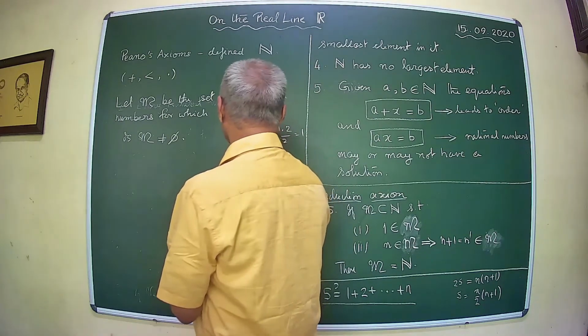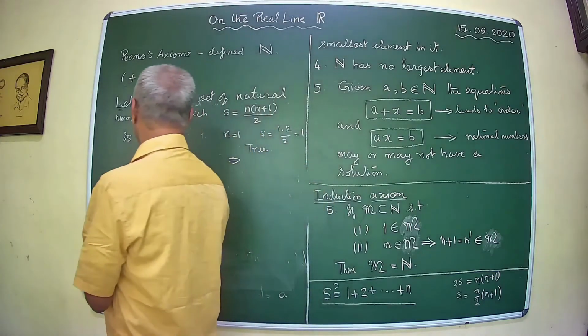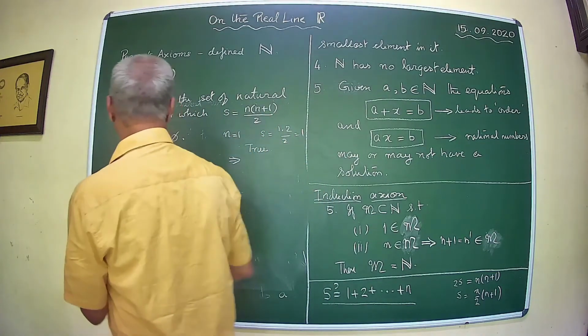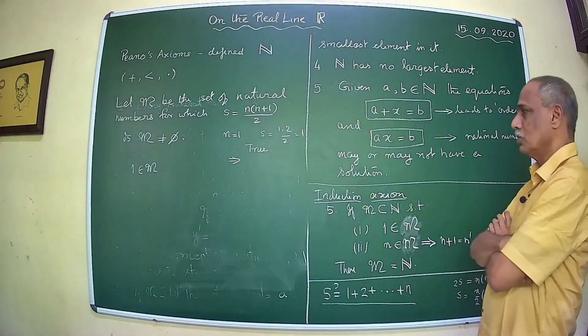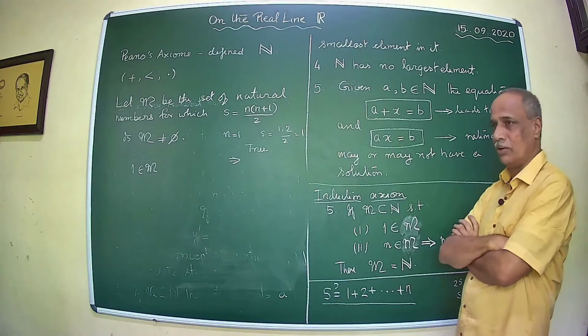Which implies 1 belongs to M. So M is non-empty and 1 belongs to M.